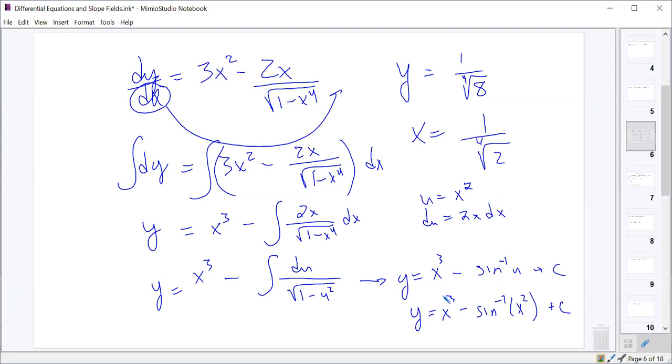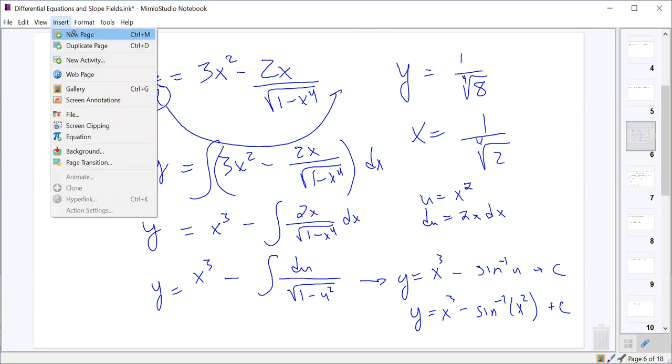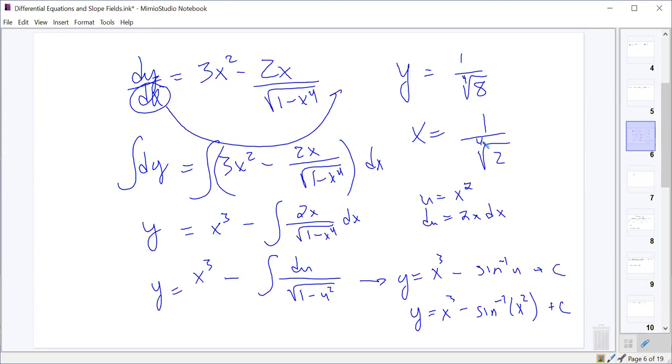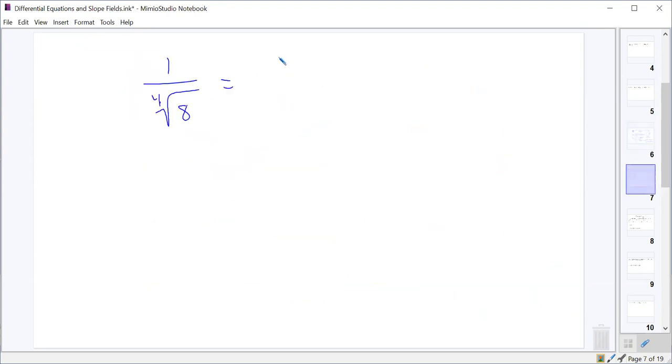So it probably looks like we need a new page for that. Y was 1 over the fourth root of 8. And so that should equal, our x value is 1 over the fourth root of 2. So we're going to cube that. So 1 over the fourth root of 2 cubed.